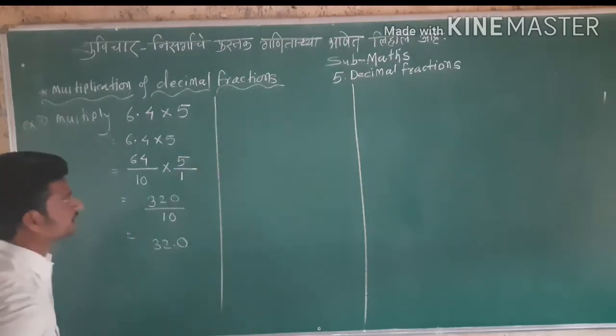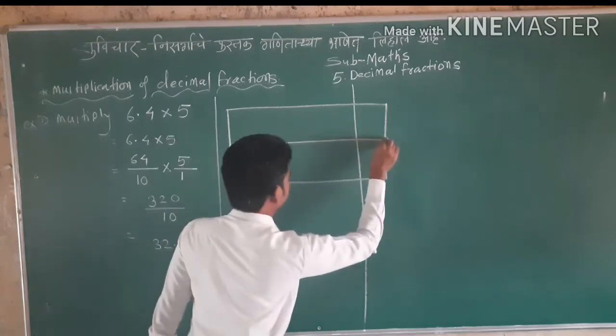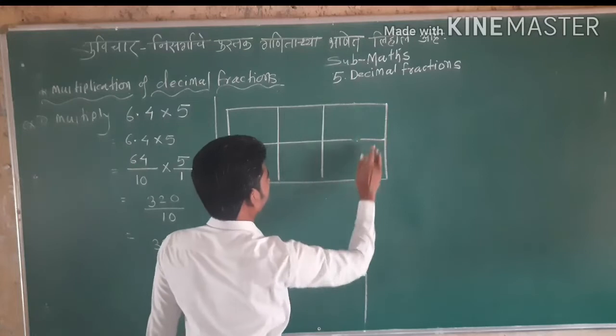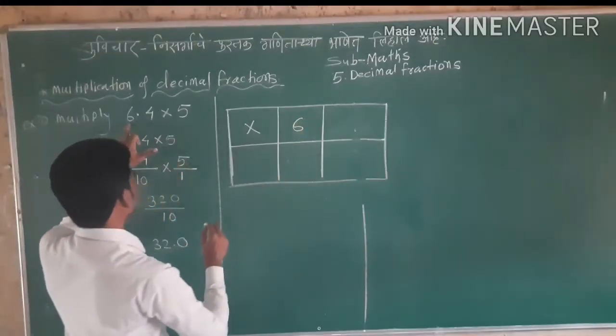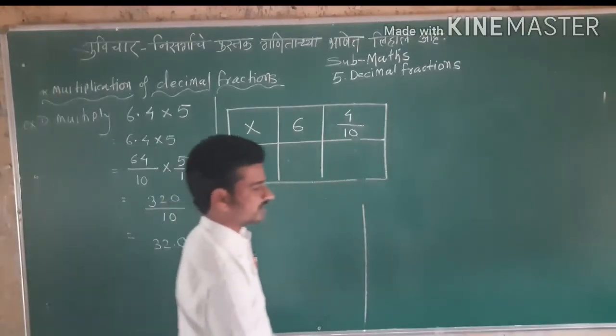See the second type. 6.4 into 5. Here 6 is the integer number, so we write 6, and 0.4 is 4 upon 10.